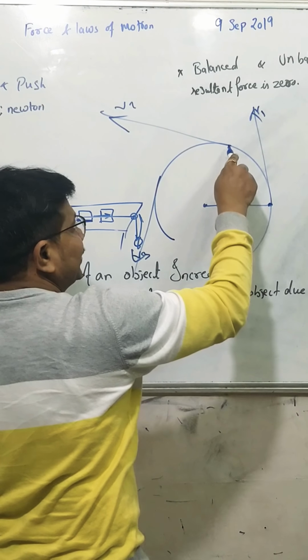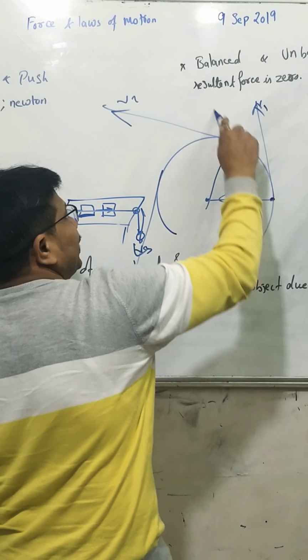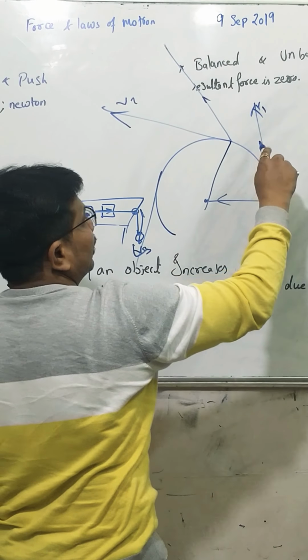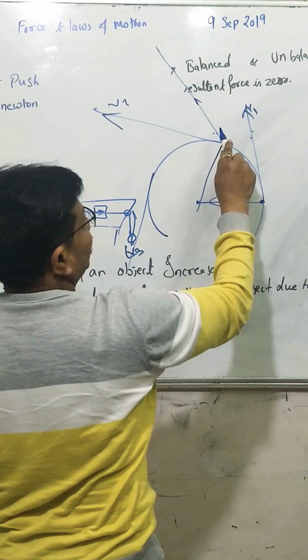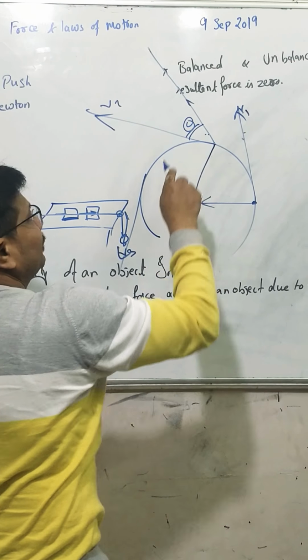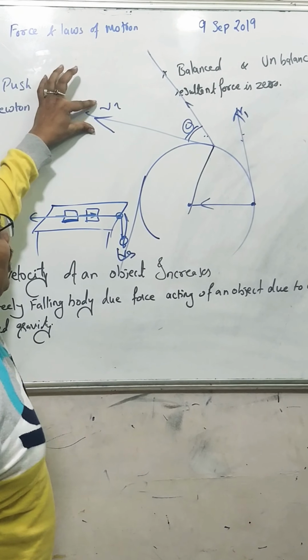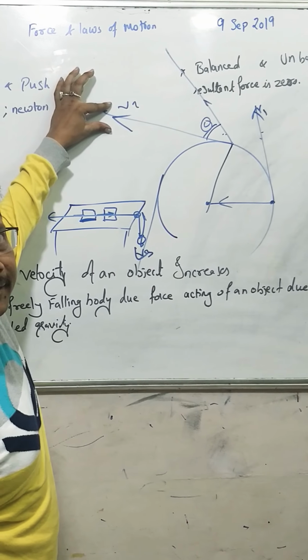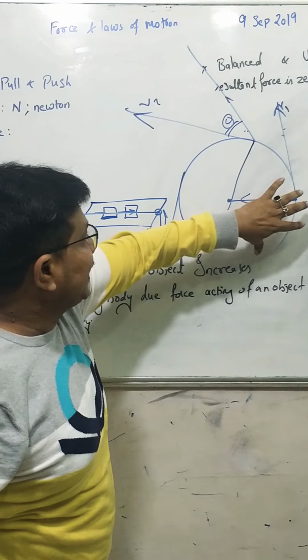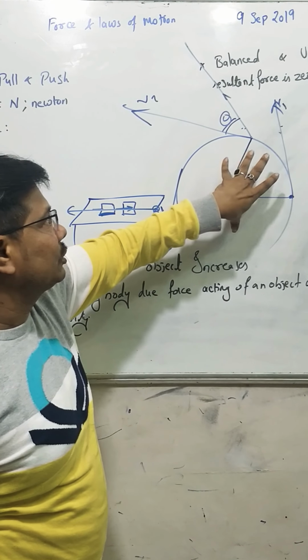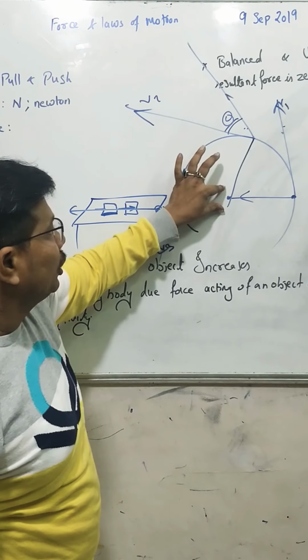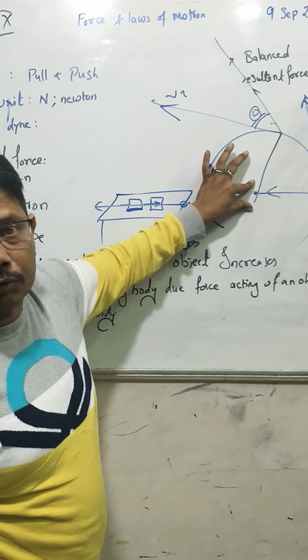Now, at this point the initial direction was this, just parallel to this, and now it will be at theta angle. Initial direction was this, present direction is this. So at every point, the direction has been changed due to the centripetal force.